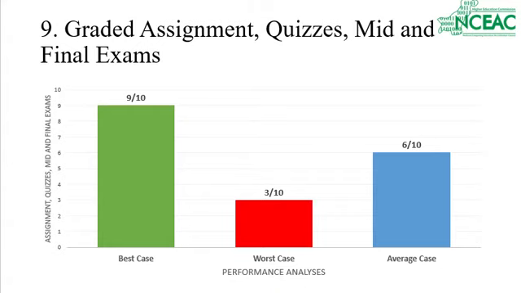The third sample you need to attach is the average case: the highest marks are 9, the lowest is 3, and the average should be 6 marks. You have to attach all these samples in your course folder.